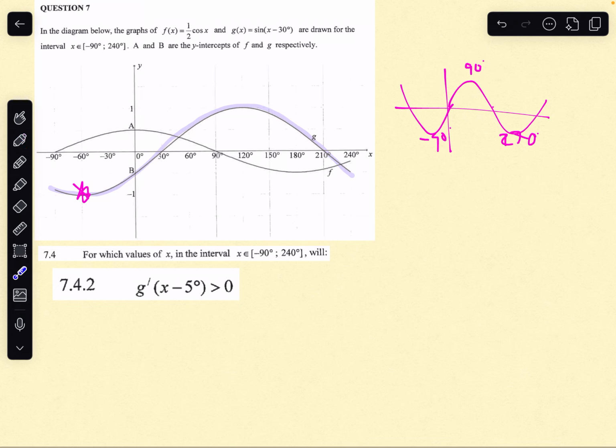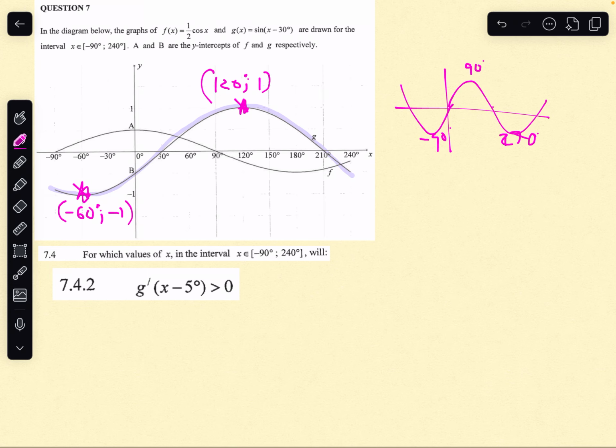So if I move this graph by 30 units to the right, this changes to negative 60, 120, 300. So pretty much adding 30. This turning point here would be negative 60. You can kind of see it, but it's always good to confirm, guys. And this turning point here is 120 and 1.